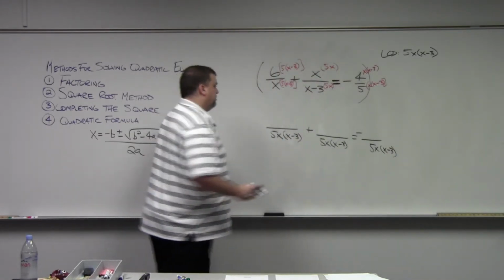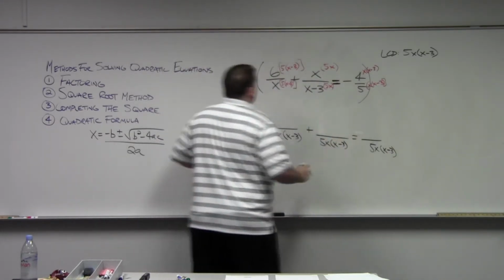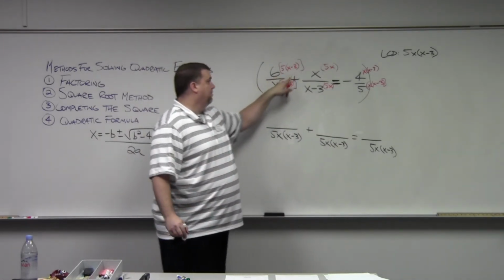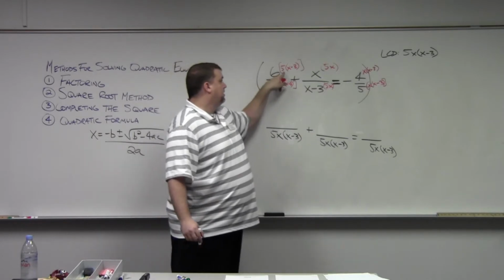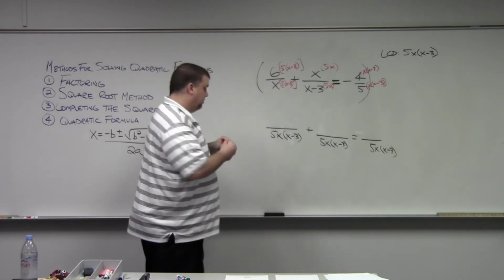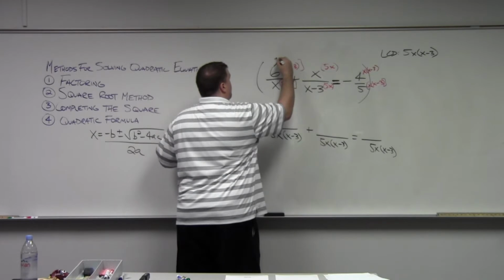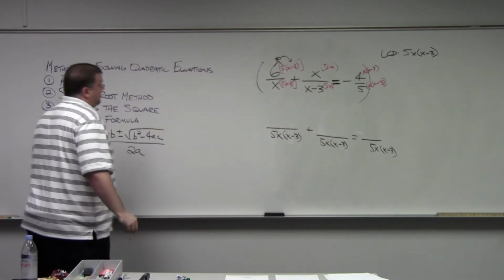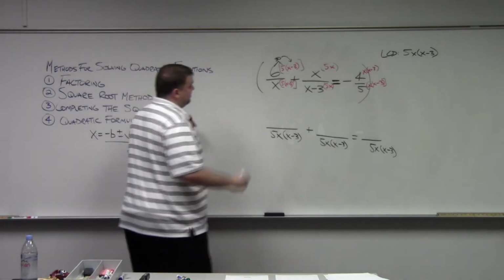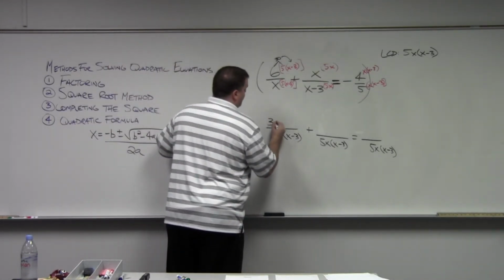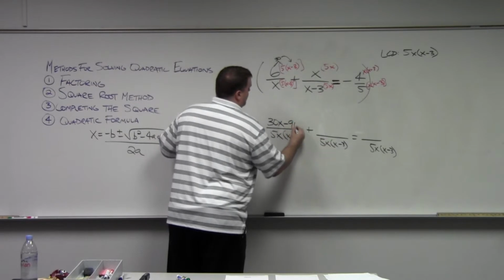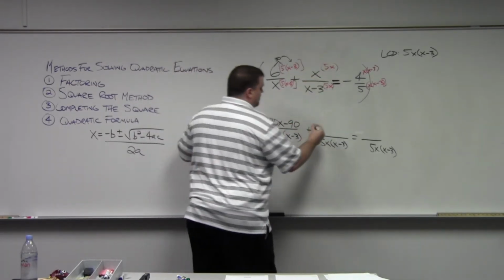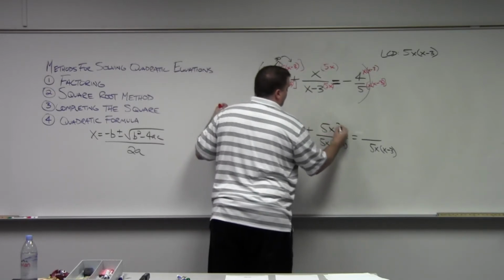And we're going to actually multiply our numerators out. So we have 6 times 5x minus 3. Couldn't I just say 6 times 5 is 30? So that's 30. And then take 30 times x minus 3. So what's 30 times x minus 3? 30x minus 90, correct. x times 5x, that's a little bit easier. 5x squared.